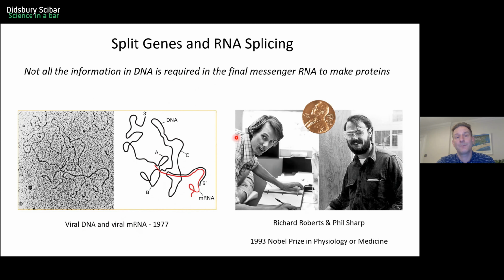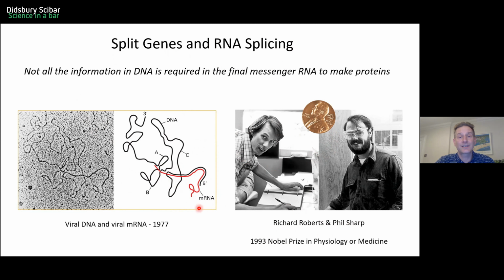Because you have these loops, what that means is that genes that code for proteins and make the messenger RNAs are split genes. And there has to be a way for the RNA that's first made from the DNA to then be cut down and spliced into this shorter messenger RNA that corresponds to what you need to make the protein. This idea was discovered by these two guys here, Rich Roberts and Phil Sharp.